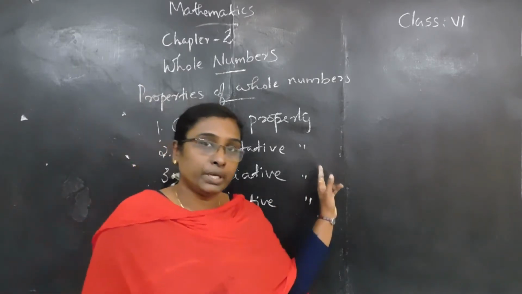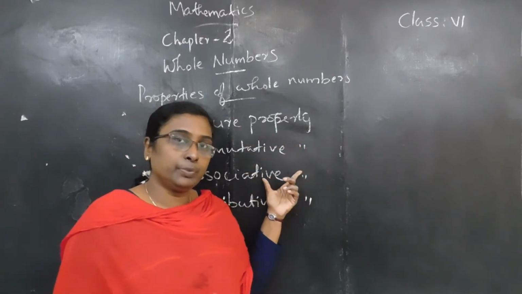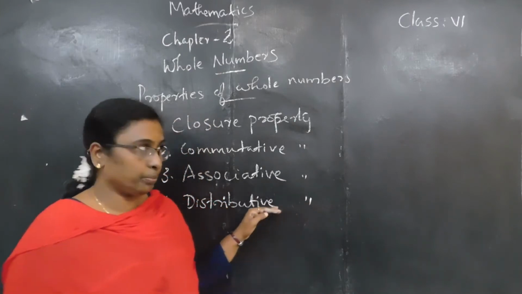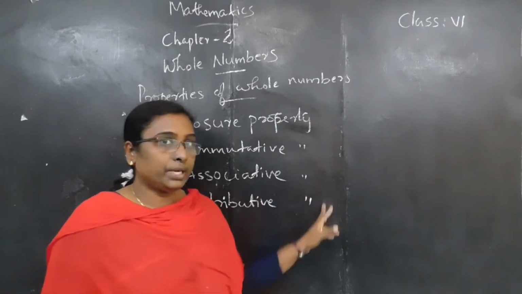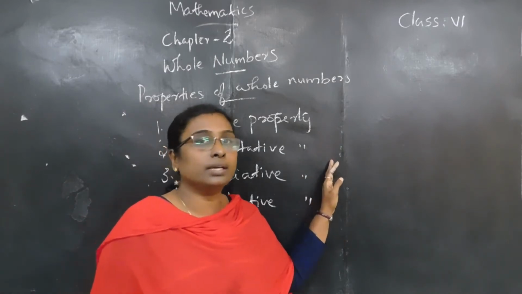The four properties of whole numbers are closure property, commutative property, associative property and distributive property. These properties are very important, so you should study this topic very well.